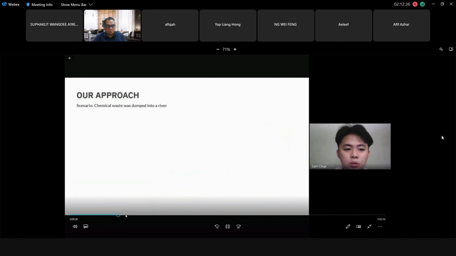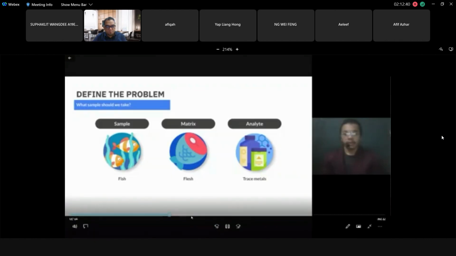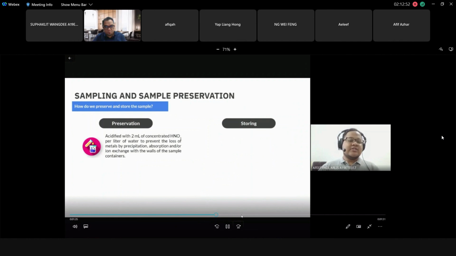Our approach, we must define our problem first. For our case, the sample is fish, the matrix is flesh. Test method for determination of lead. To preserve the sample, we can acidify with 2 ml of concentrated HNO3 per liter of water to prevent the loss of metals by precipitation, adsorption, and/or ion exchange.